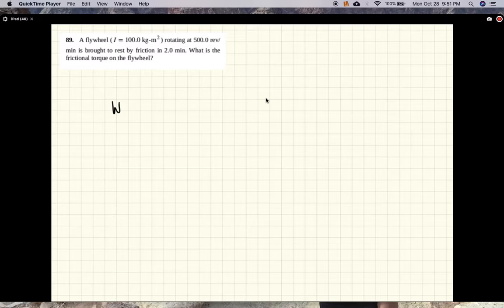Friction force is a non-conservative force. The work done by a non-conservative force is equal to final energy minus initial energy.